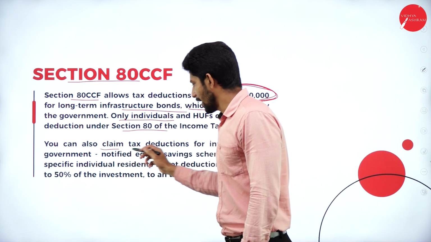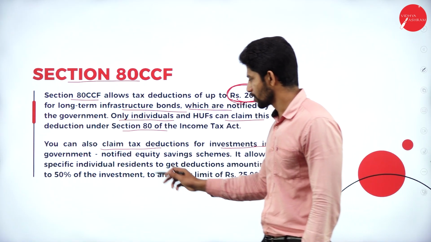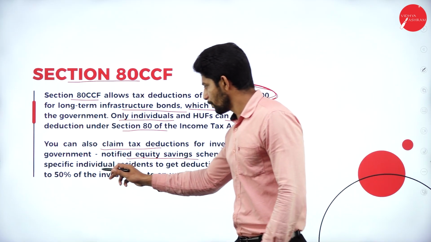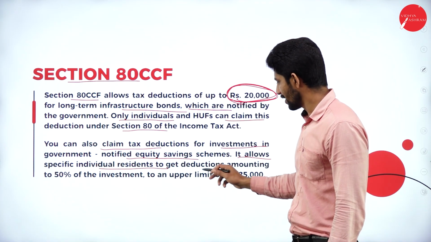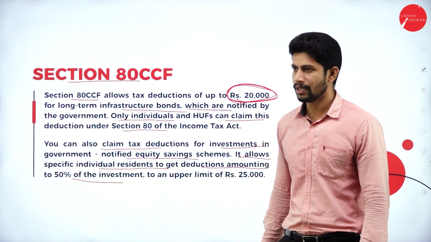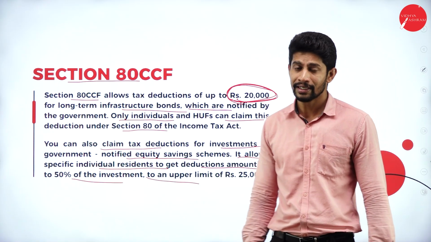You can also claim tax deductions from investments in government notified equity savings schemes. It allows a specific resident individual to get a deduction amounting to 50% of the investment, to an upper limit of 25,000 rupees.